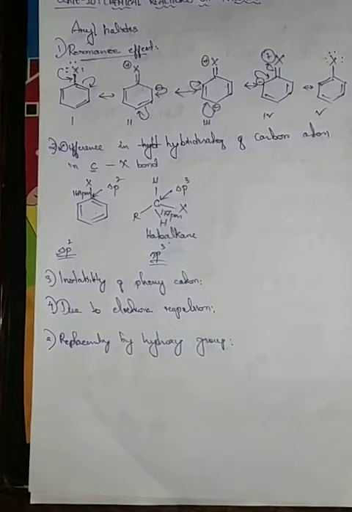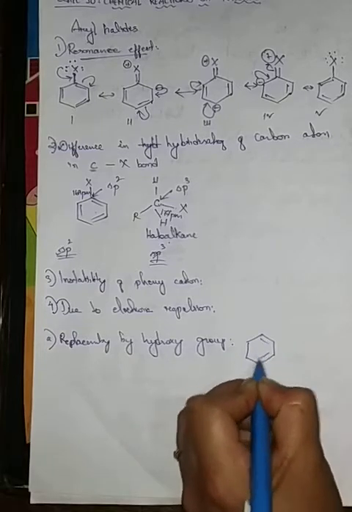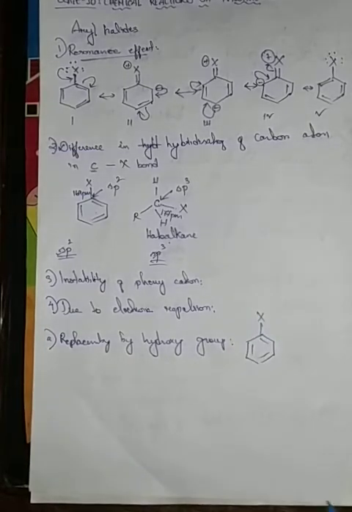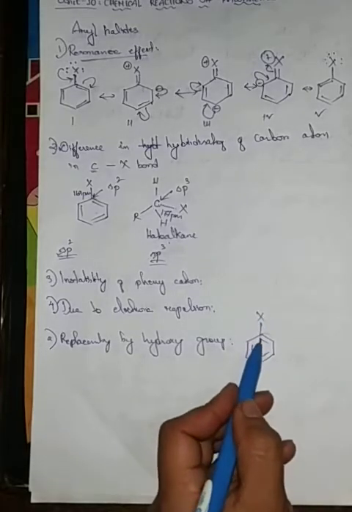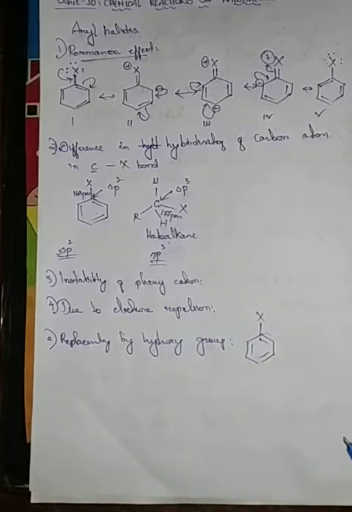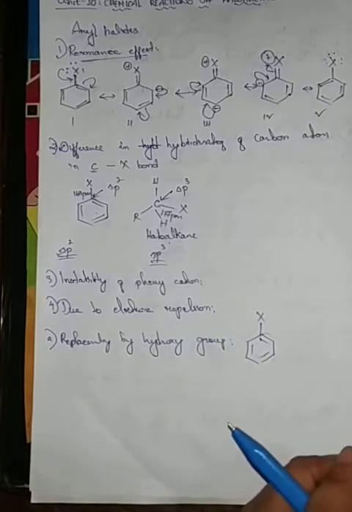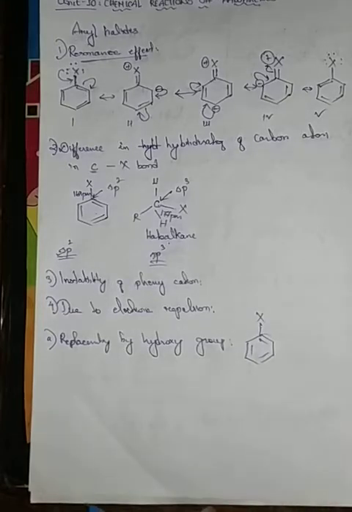In any haloarene, the halogen atom is attached to the benzene ring, so it cannot be easily displaced by any nucleophilic agent. Thus, haloarenes are less reactive than haloalkanes towards nucleophilic substitution reactions.